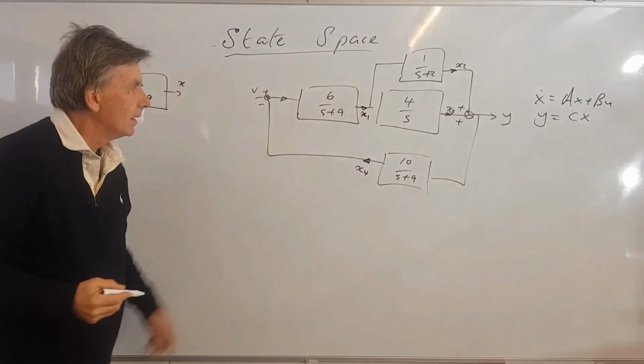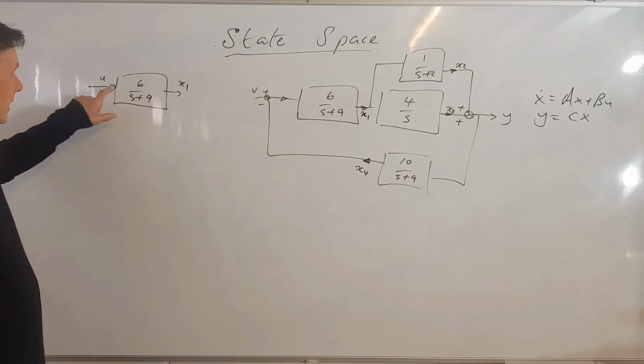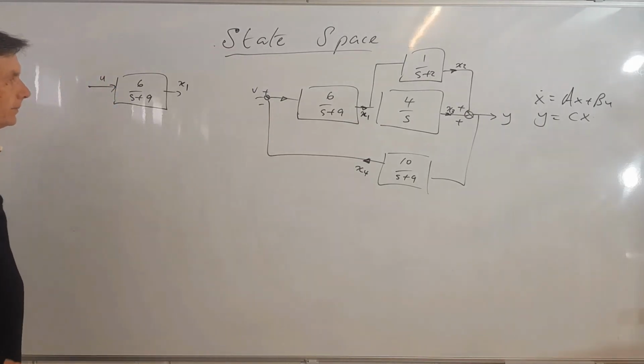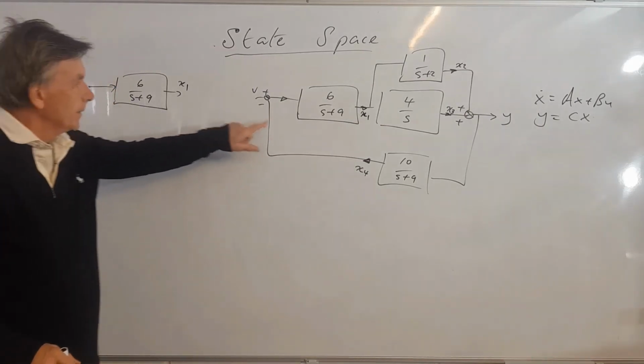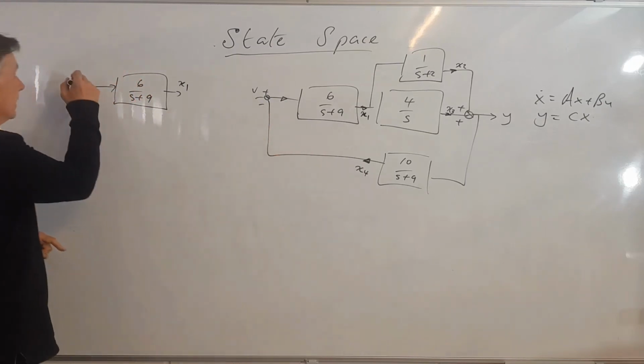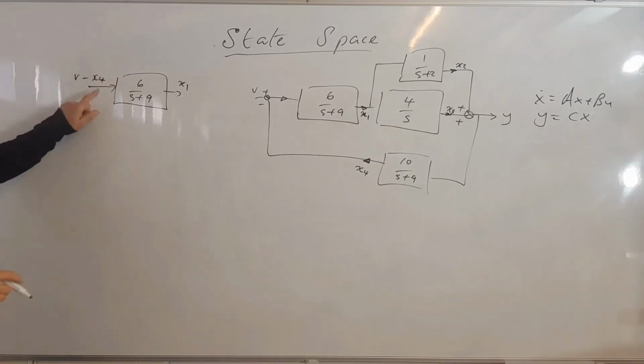So as an example here, let's say we've got this block here and we've got some signal coming in. In this particular case, this would be V minus x4. So this would be V minus x4 going into the block.